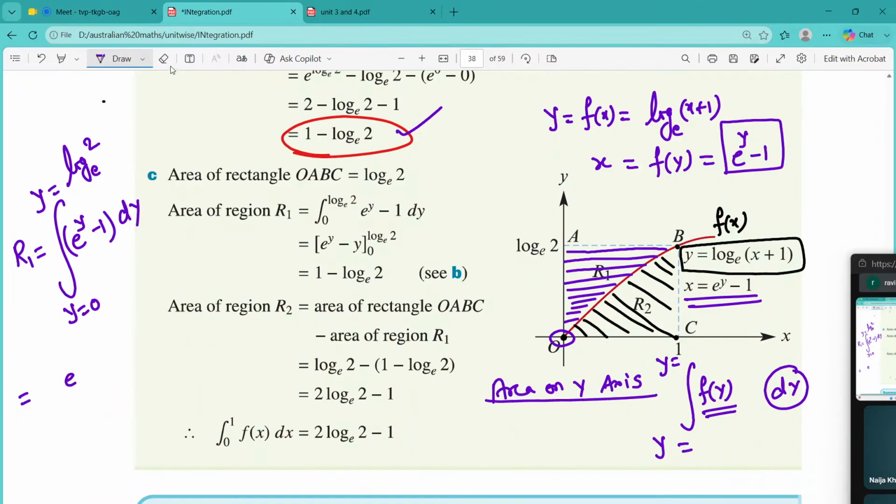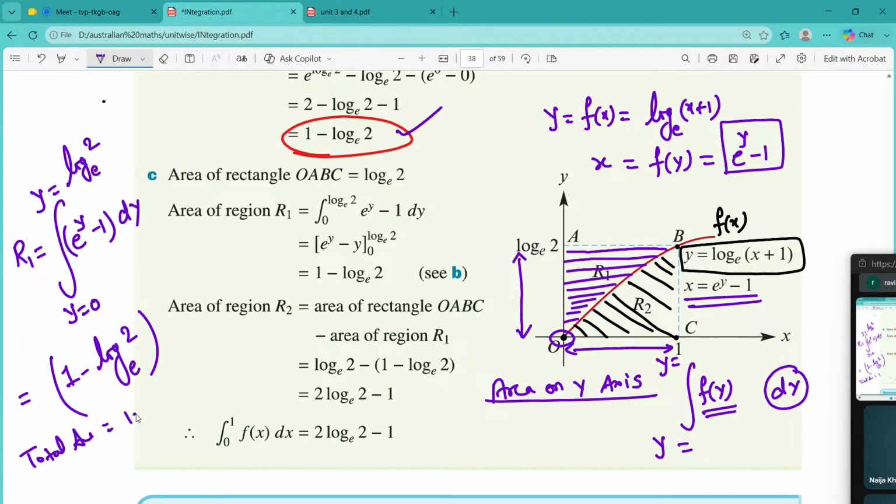So we are getting this as 1 minus log e 2. Correct? And we have the total area of this rectangle. If you see, this is the length 1 and this is the width log e 2. So the total area of the rectangle is 1 into log e 2, isn't it?